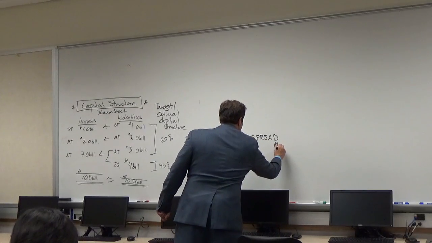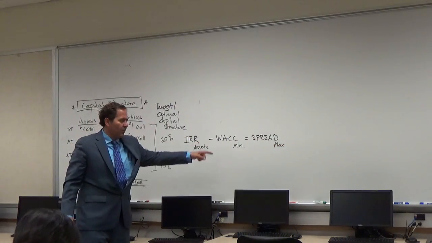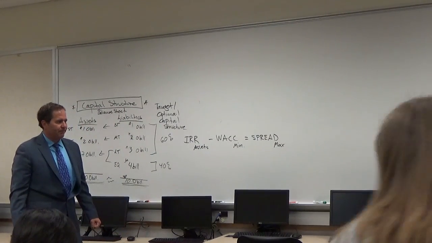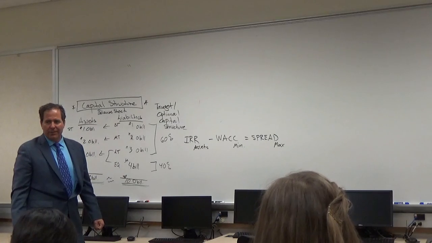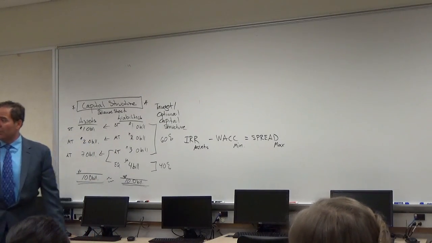If you maximize the spread between your internal rate of return and your weighted average cost of capital, you're going to maximize the stock price of the firm, which is the goal. The stock price, stockholder wealth maximization.